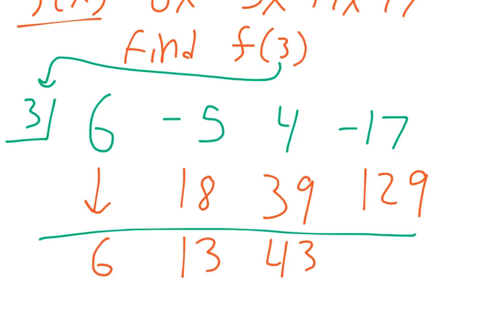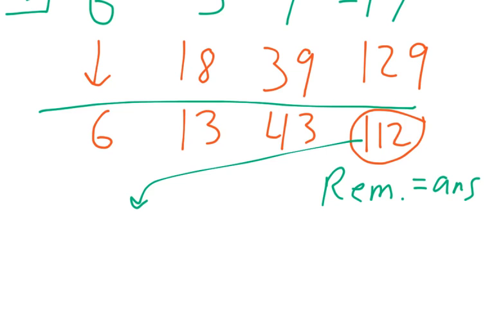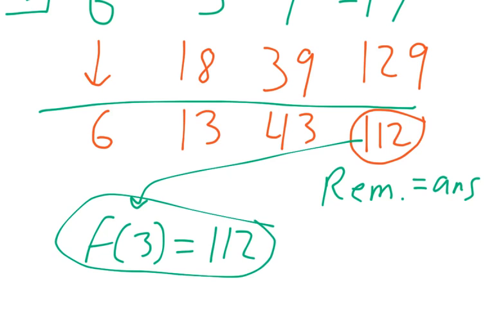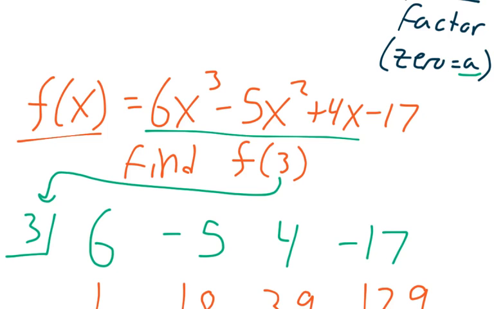And then 129 and negative 17, that makes positive 112. This, of course, in division, is your remainder. So that's your answer. That's also the answer. So what that means is that f of 3 equals 112. So you plug in 3 for x, you get back 112 in this polynomial right there.